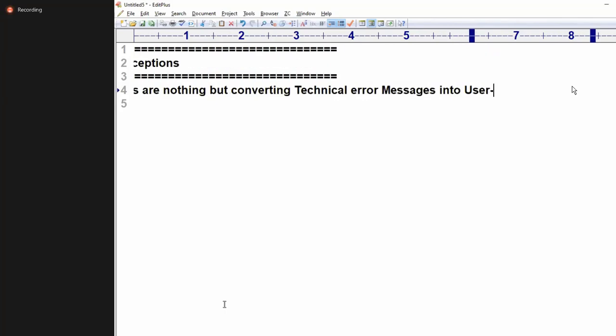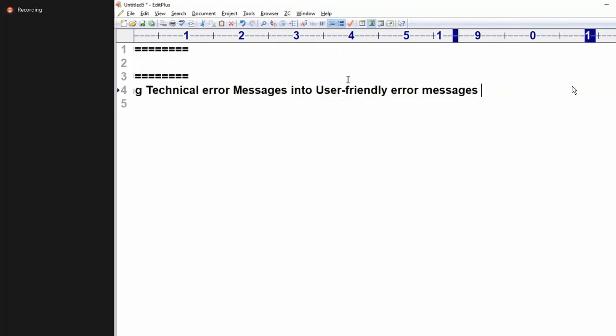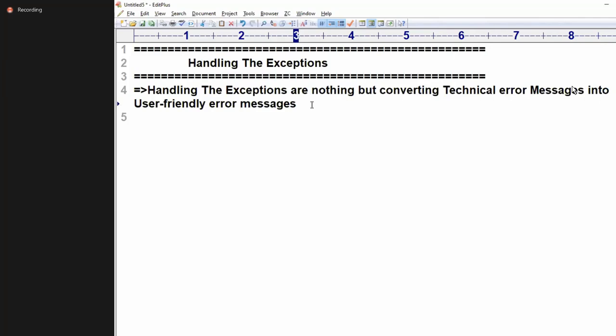Okay, to do this process, to convert the system error messages, to convert these technical error messages into user-friendly error messages, we have some types of keywords.